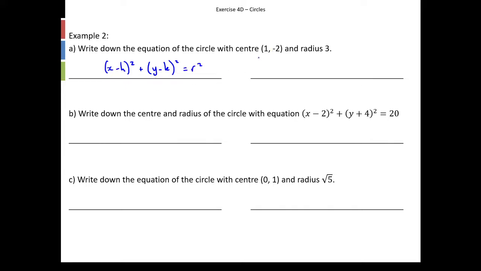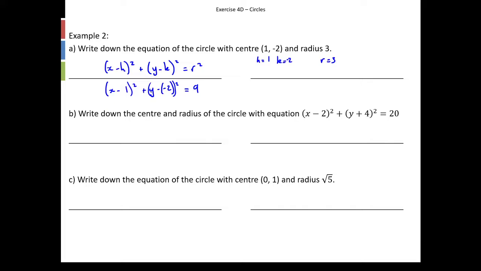Substitute in our values: h is equal to 1, k is equal to negative 2. We get (x minus 1) all squared plus (y minus negative 2) all squared equals, with r equals 3, 9.